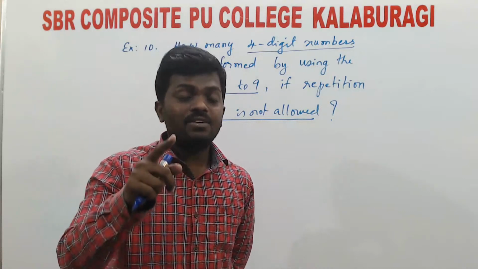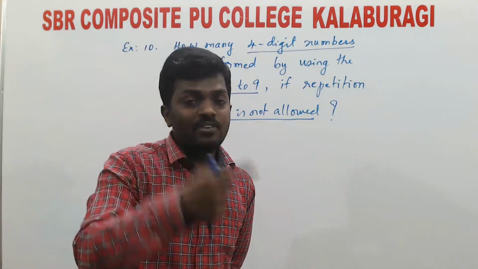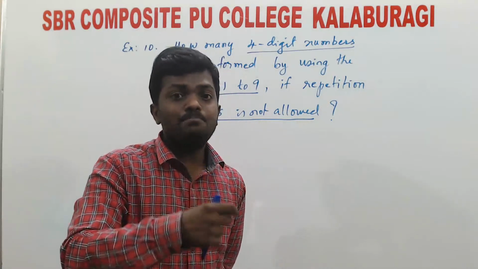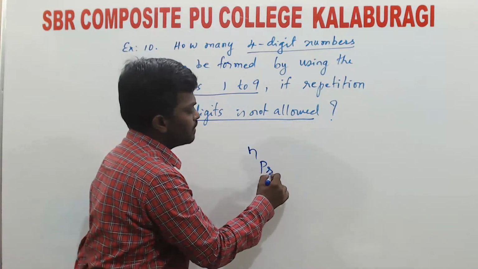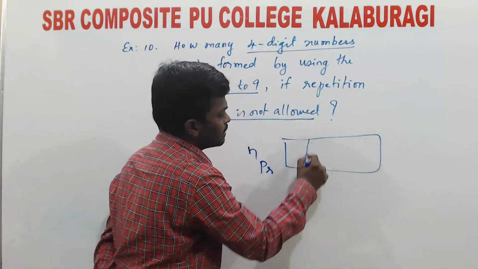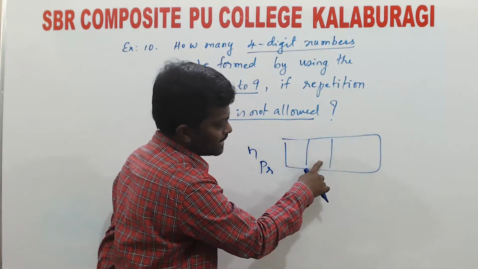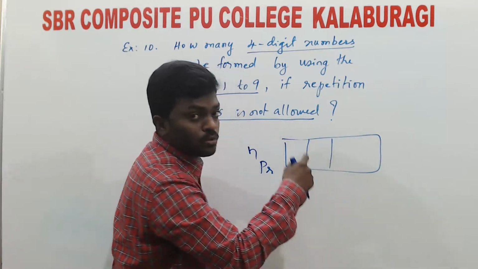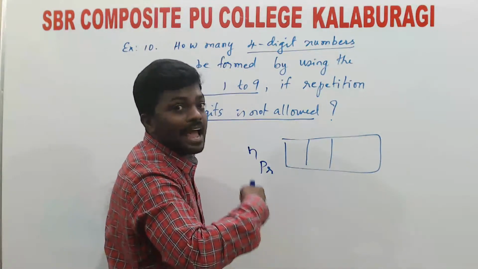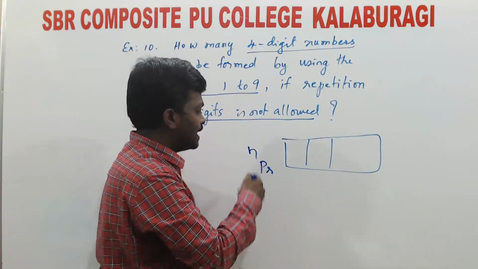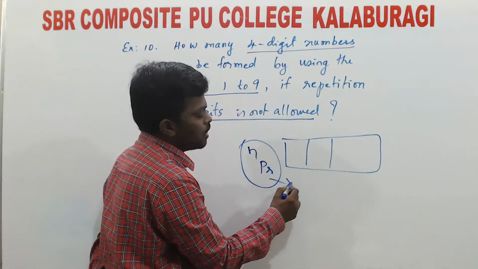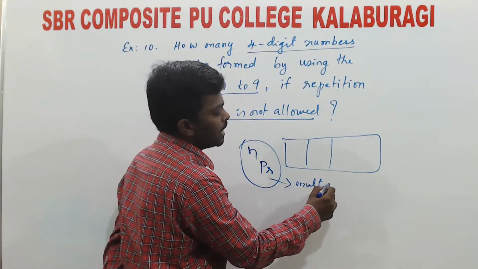So that's why in the derivation, while filling the boxes, we were solving nPr. To fill the first box, second box and third box, I was telling you, "and" means the multiplication rule, right? So nPr is the same as the multiplication rule only.